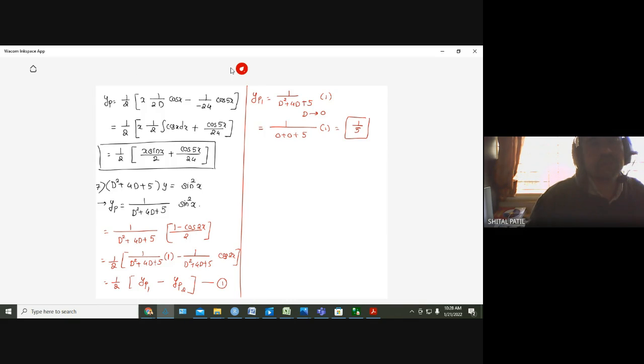One upon 5 is the answer of the first part. Cos 2x.